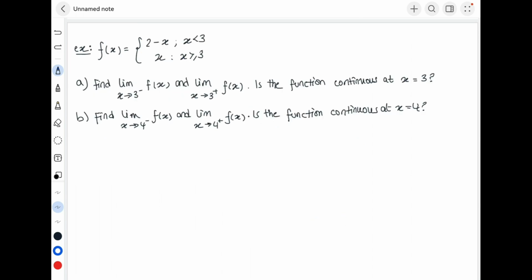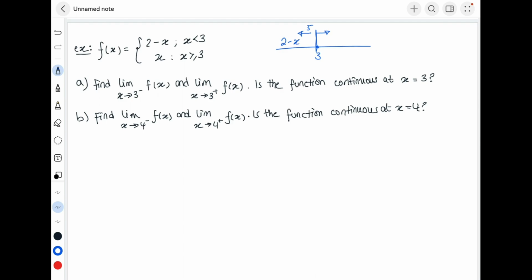I gave you here a new example where we have a piecewise function f of x, which is 2 minus x for x less than 3 and x for x greater than or equal to 3. So at 3, whenever our function is before 3, which is 3 minus, we'll be using the function 2 minus x.